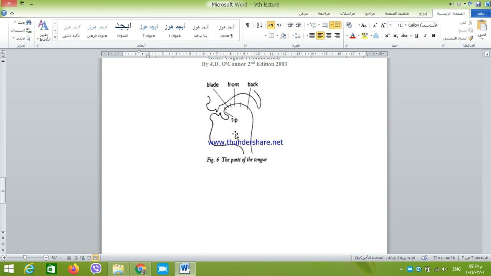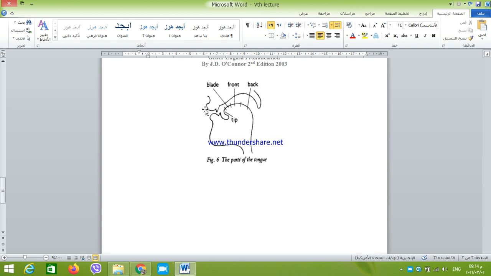Some others, like Peter Roach in our book, assume that we have only 4 parts of the tongue: the tip, the blade, the front, and the back. As I told you, some books of pronunciation assume a 5th part, which is called the root of the tongue. It could be somewhere here, the root of the tongue.